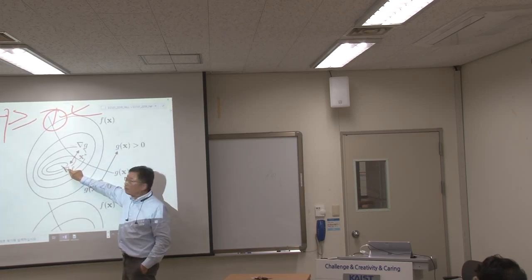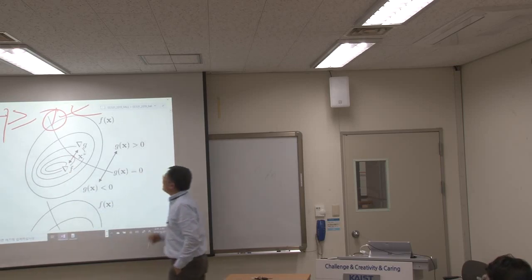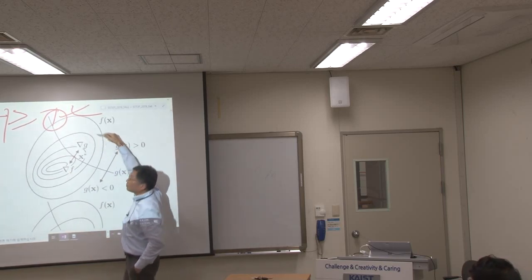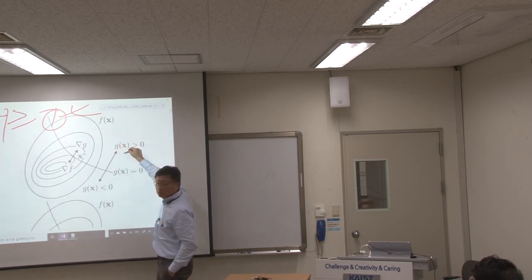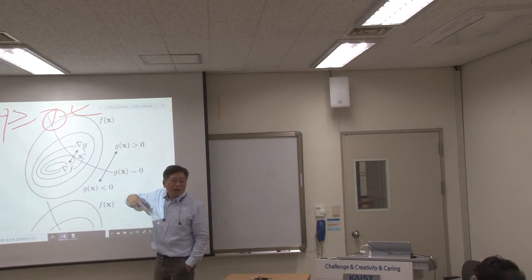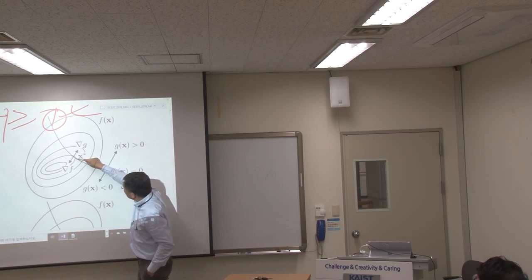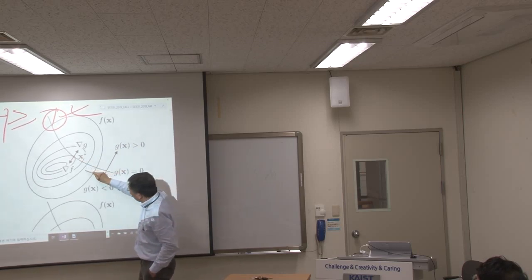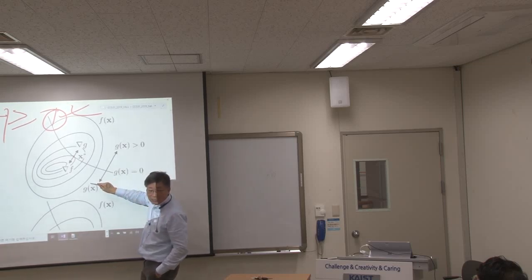And g(x) has lots of contours, but this is g(x) equals 0. Below that is g(x) equal to minus 1, 2, 3, and 4.